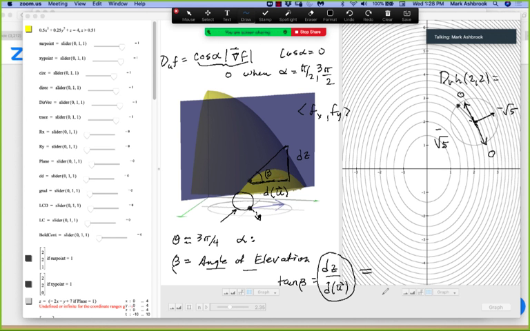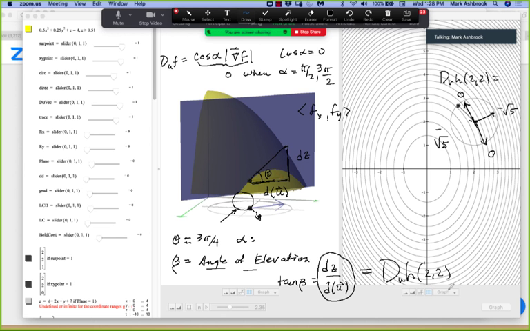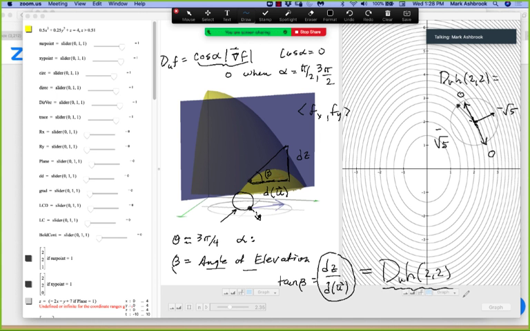It's the rate of change of z with respect to going in that direction. That's our directional derivative. So this is the idea that tangent is like slope, and so is rate of change. Rate of change is slope in a geometry sense. So beta is going to be the inverse tangent of your directional derivative at that point.